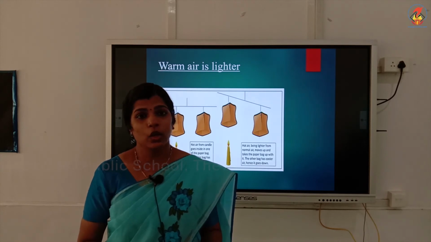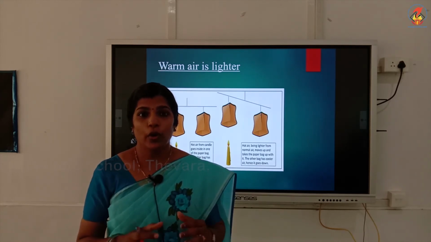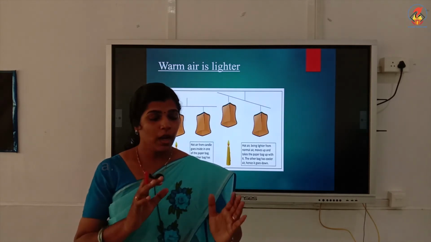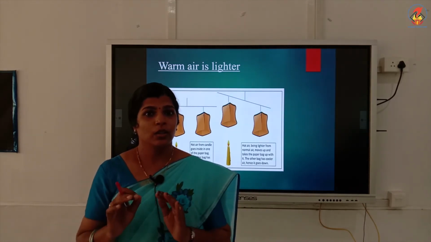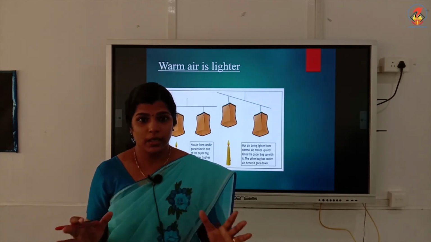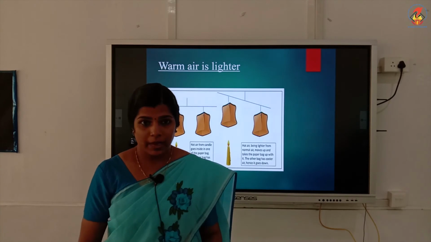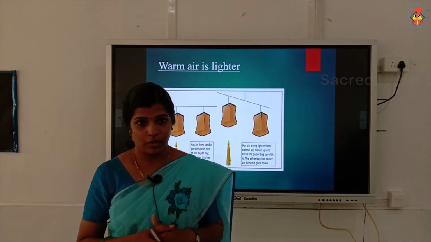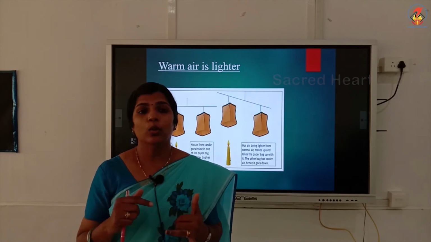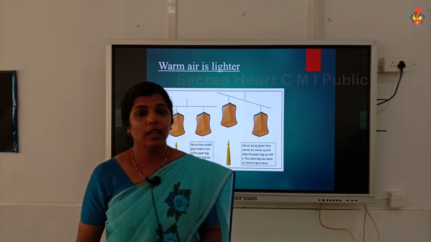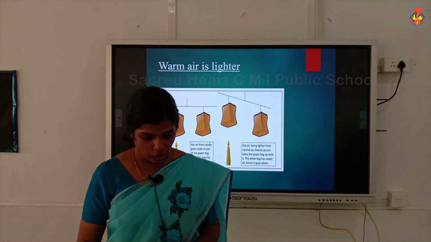Air expands on heating, so the volume will increase but the mass is not changing. So, mass per volume decreases and it will become lighter and move in the upward direction. So, hot air or warm air is lighter and it will move in the upward direction.